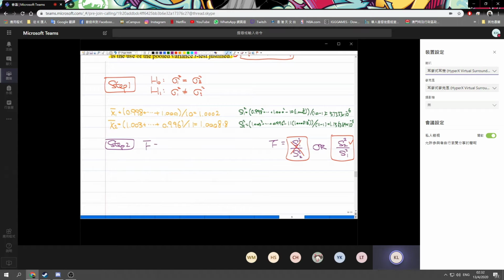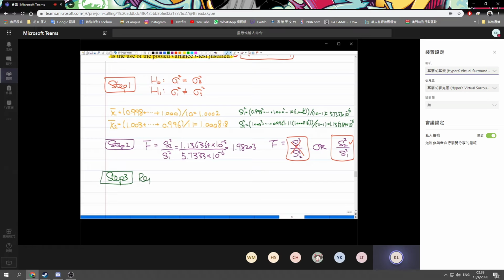So here, F equals s squared, 1.136364 times 10 to the power minus 5 over 5.7333 times 10 to the power minus 6, and that is 1.98203.